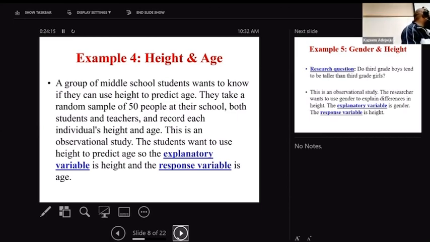Of course, you know that height is the explanatory variable and age is the response. Age is what you want to predict, which is also an outcome variable. We call this the explanatory variable, and we call this an observational study.